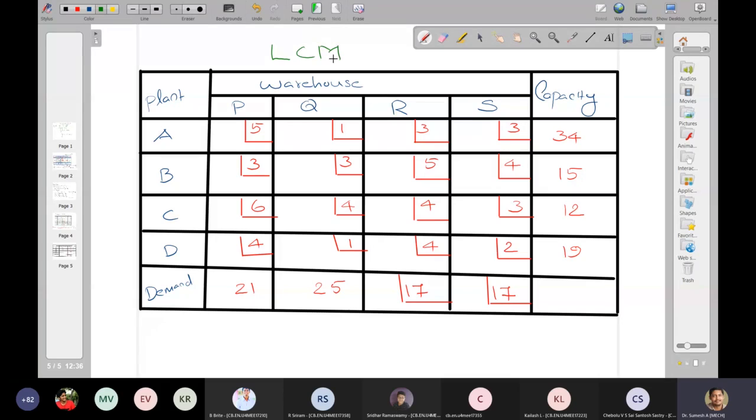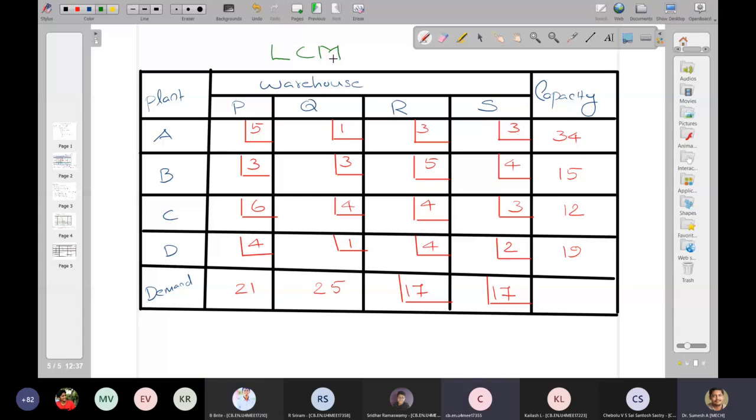Now what is the lowest cost in this matrix? Lowest cost among the entire matrix is 1.